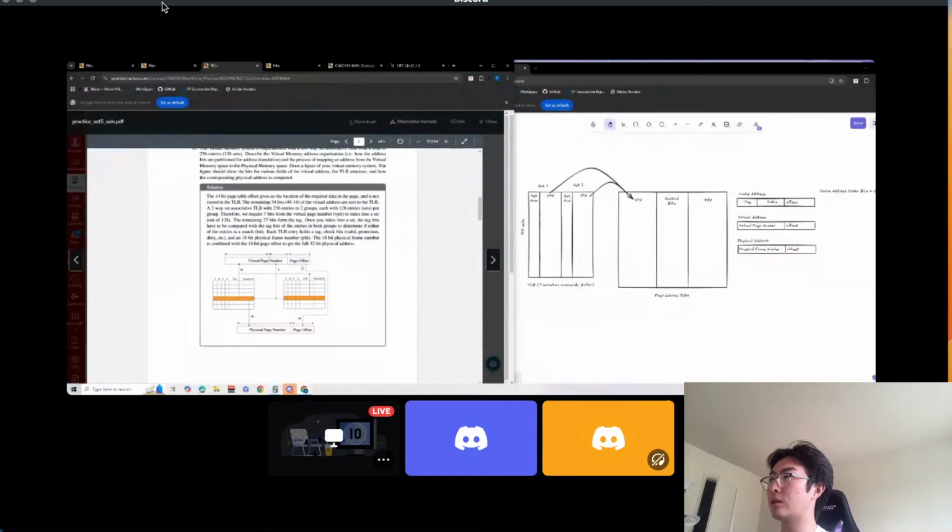And this will be 14 bits for the offset, and this itself would be 14 bits, so this will be 34 bits. Okay, physical address, physical frame number.